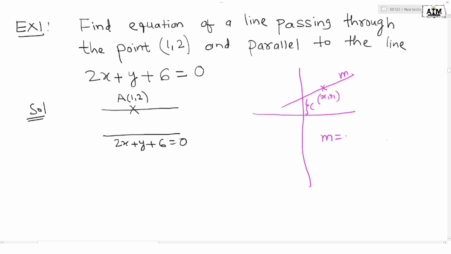So what is m? m is the slope of line and c equals the y-intercept made by the line.